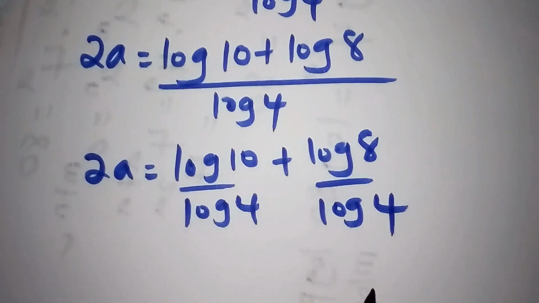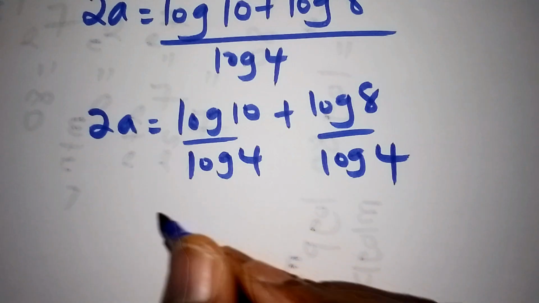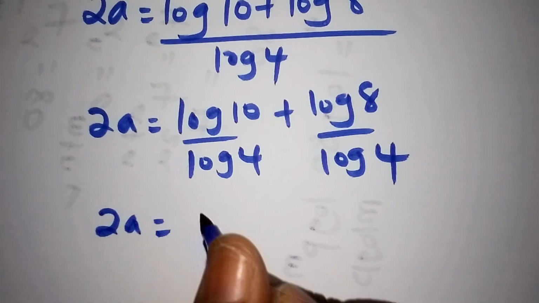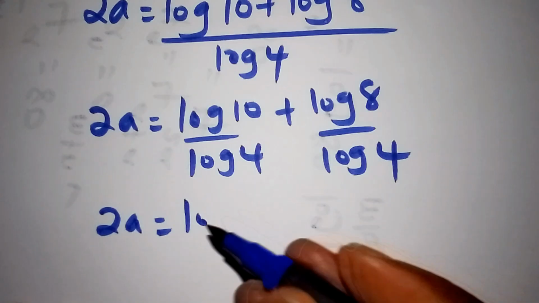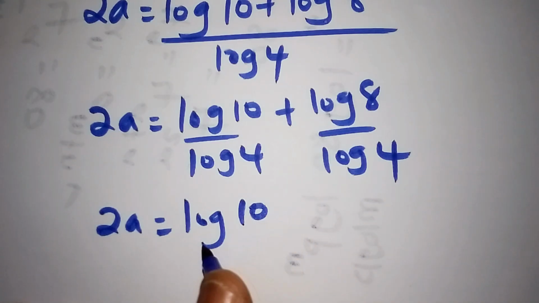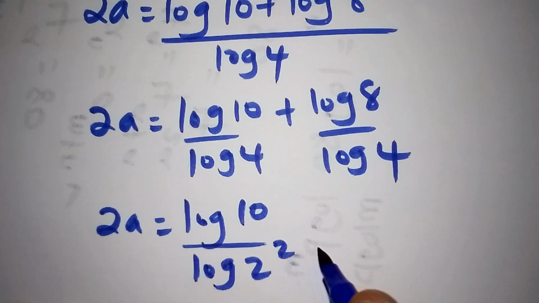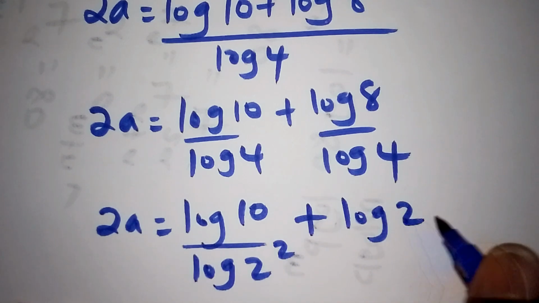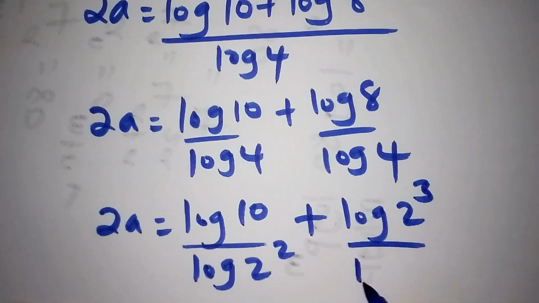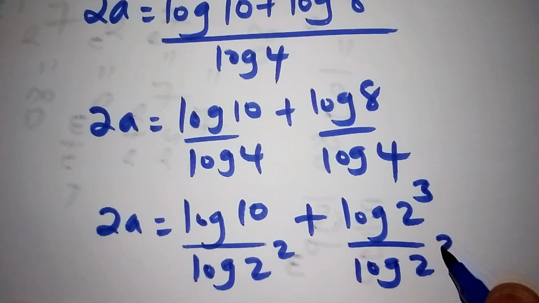So next, 2a is equal to the log of 10 all over, and the log of 4 can also be written as the log of 2 to the power of 2, plus the log of 8 can also be written as the log of 2 to the power of 3, all over the log of 2 to the power of 2.